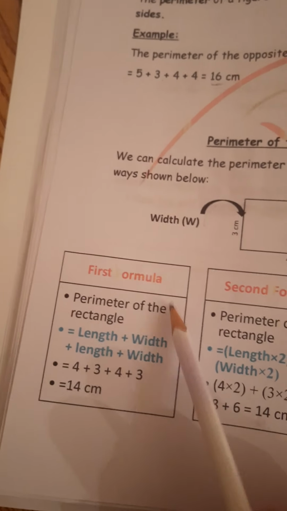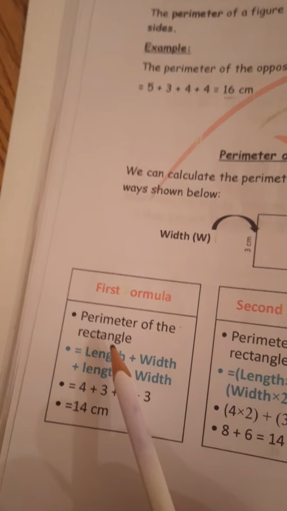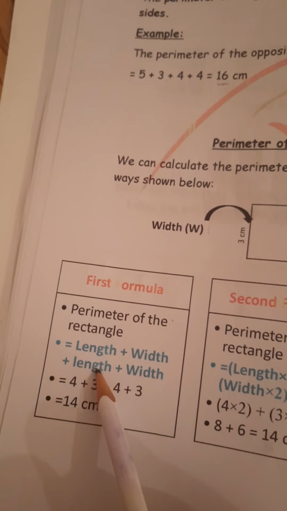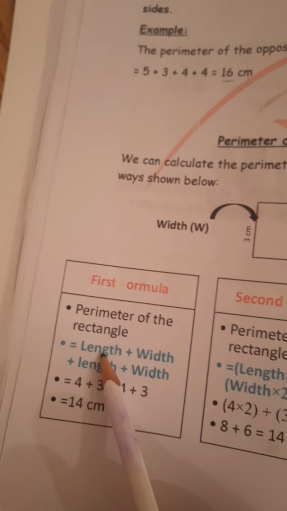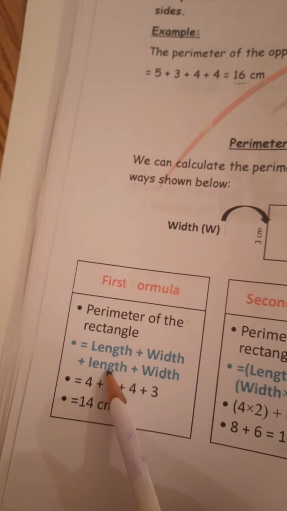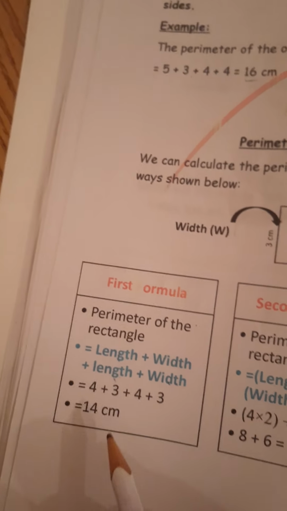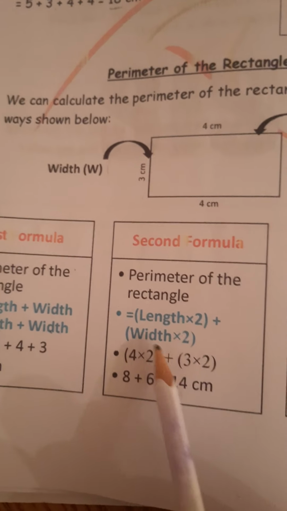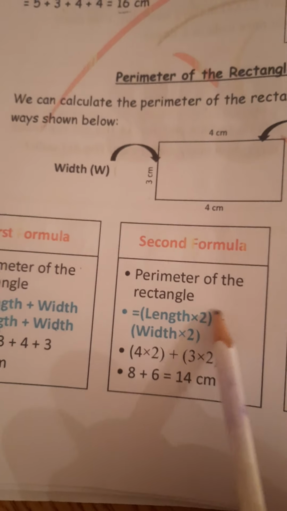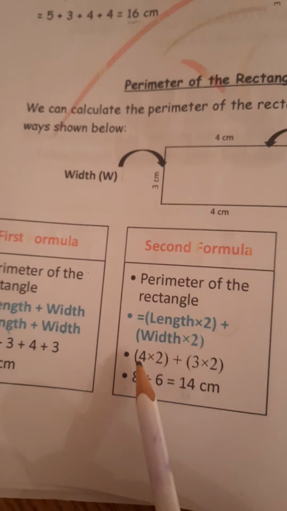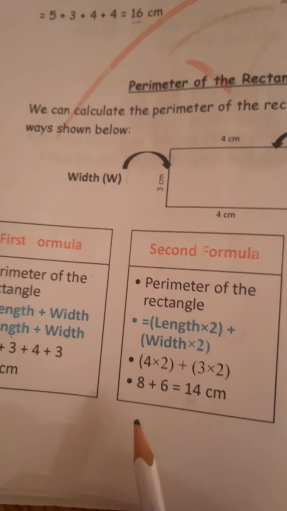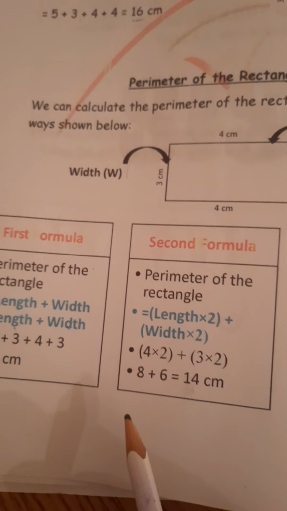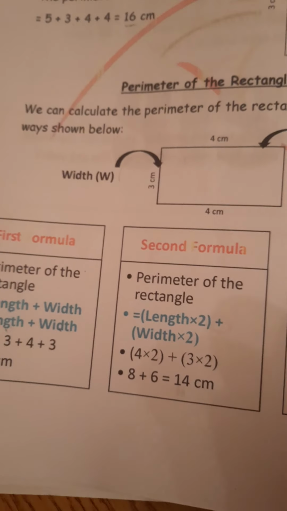The first formula: length plus width plus length plus width. The second formula: length times 2 plus width times 2, so 4 times 2 plus 3 times 2. This is my second formula for the perimeter of the rectangle.